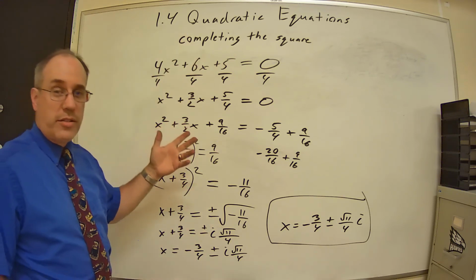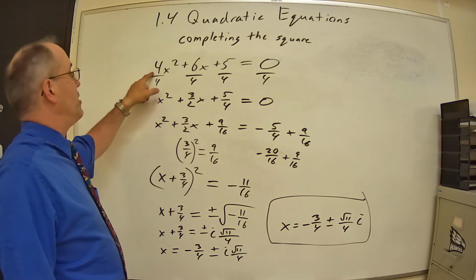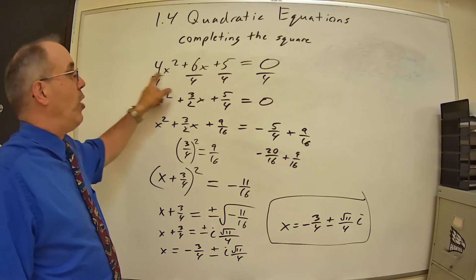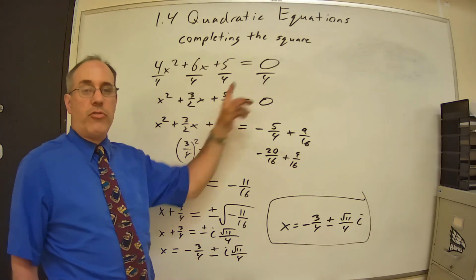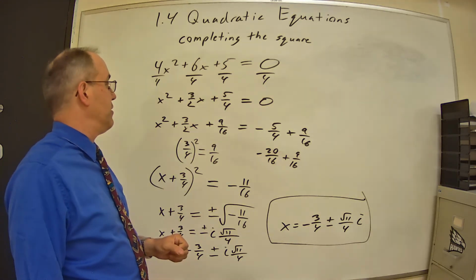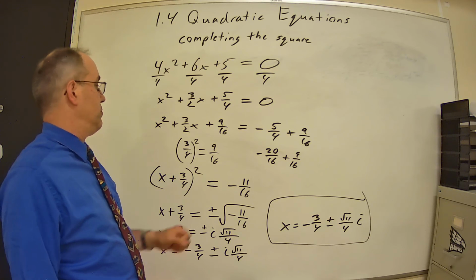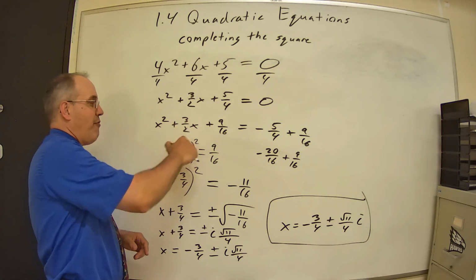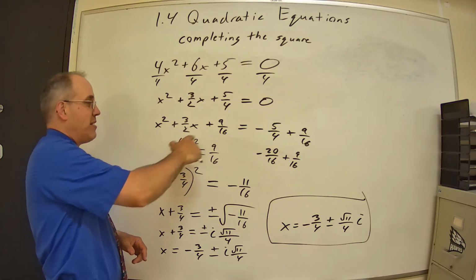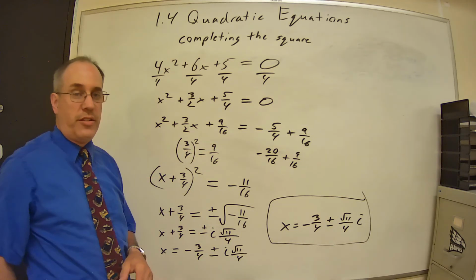Now going through the process again, what did we do? First we divided by the leading coefficient to make it 1. That put us to here. Then we moved the constant term over to the other side, which happened here. Then we took half of this coefficient and squared it to get the new constant term.